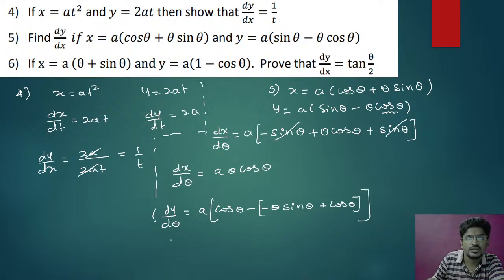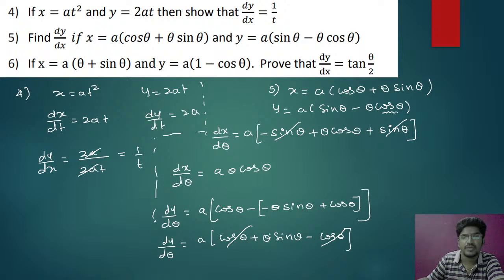This will be equal to dy by d theta, a cos theta, minus into minus is plus theta sin theta, minus into plus is minus cos theta. So cancel minus cos theta plus cos theta. This will be equal to a theta sin theta.